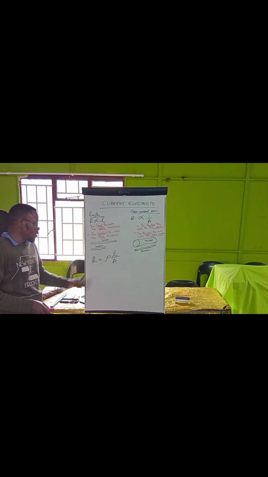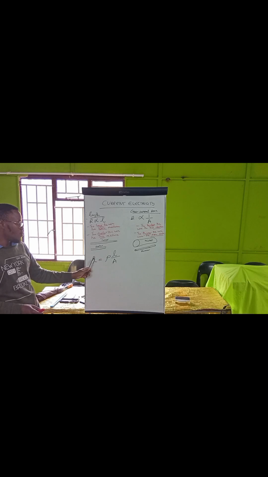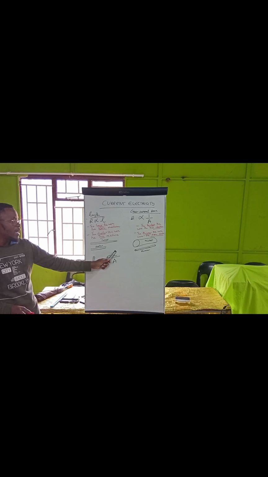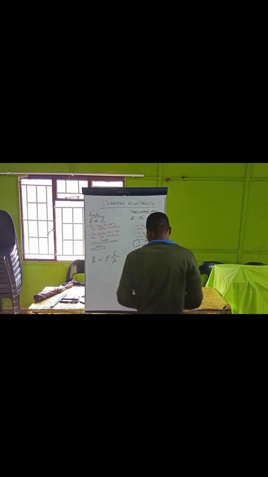And R stands for the resistance. Notice L is in the numerator, meaning there is a direct proportionality between resistance and length. And A is in the denominator, which simply means resistance and the cross-sectional area are inversely related. Fine.